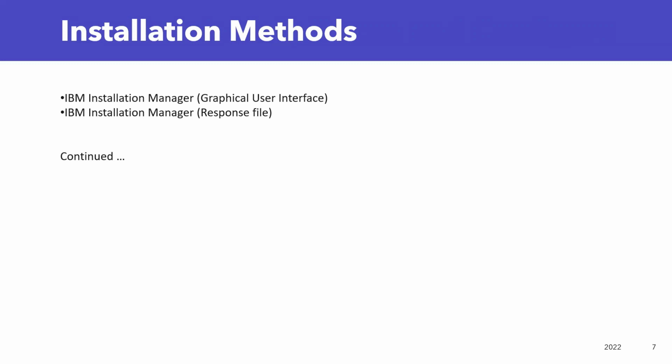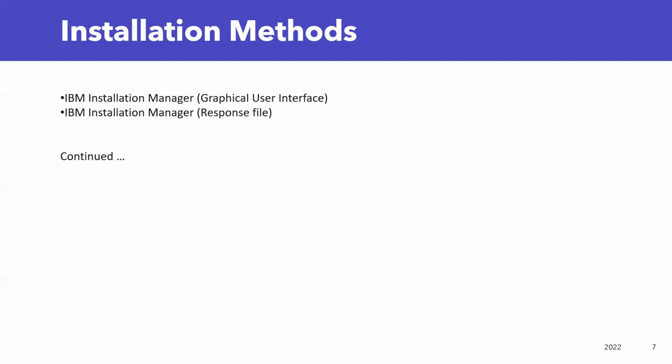When you download the product media from Passport Advantage or Fix Central, this IBM Installation Manager setup file will also come along with it. So you need to install that. It's again a Java based application, an Eclipse application. So you need to install that, and then there are two ways.